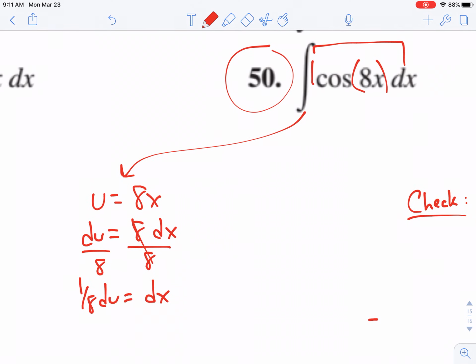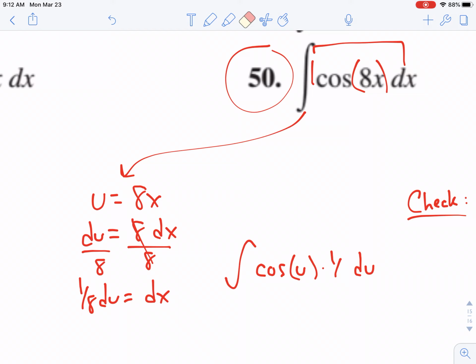We have 1/8 du equals dx. So this integral is going to become cosine of u times 1/8 du. That will account for the cosine, the 8x, and the 1 dx there.